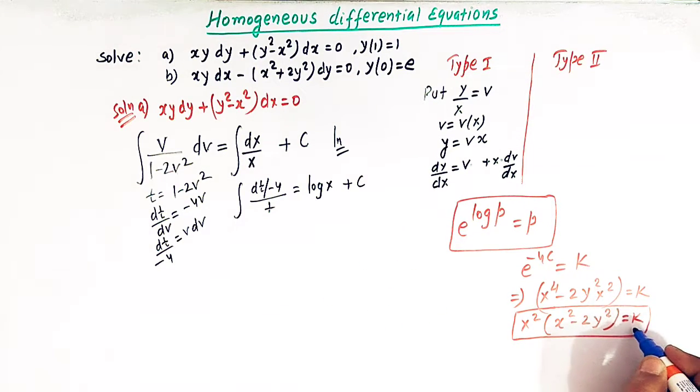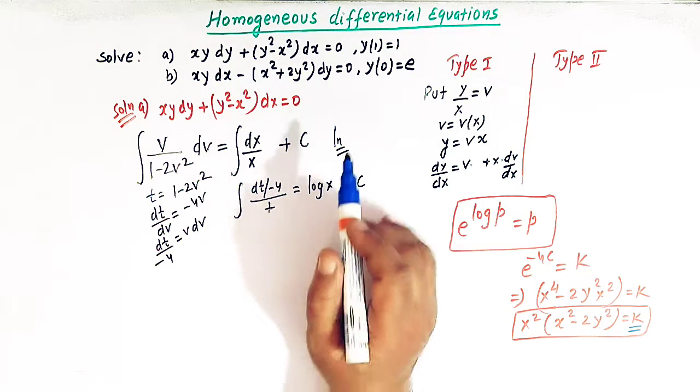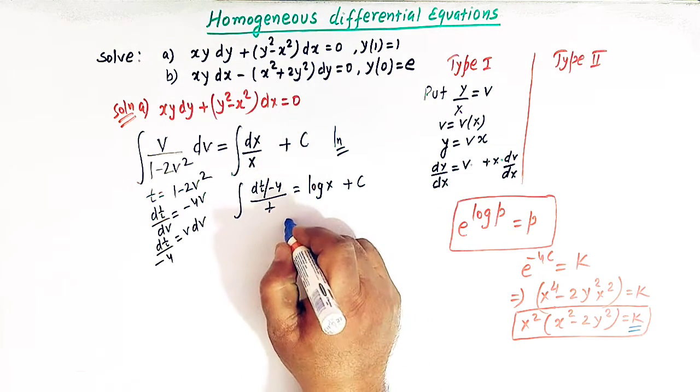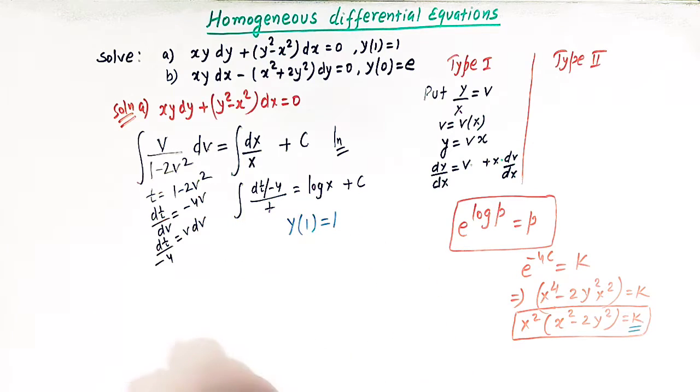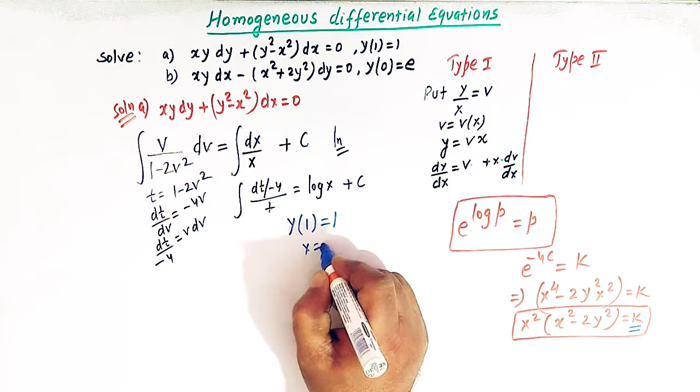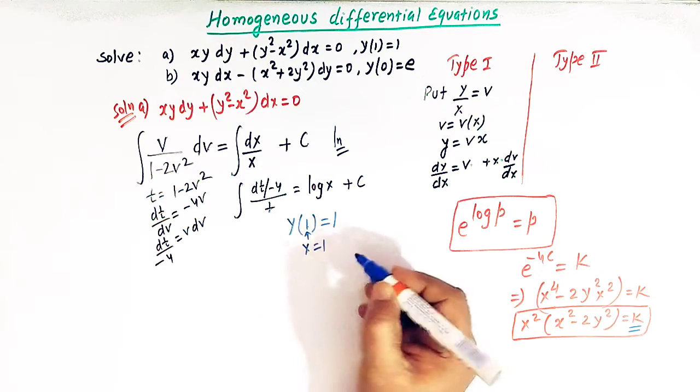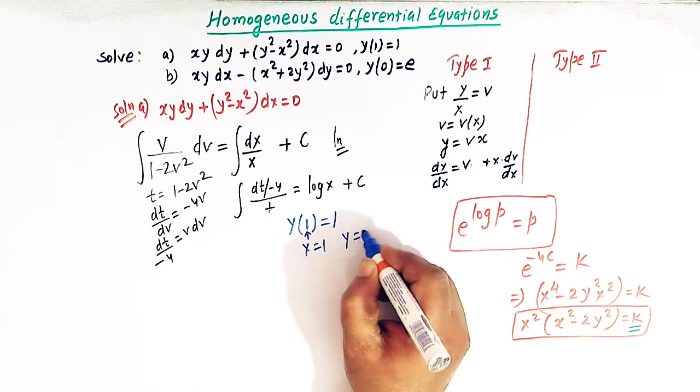So now to get the value of the constant of integration k, we'll make use of the boundary conditions. So the conditions are y of 1 is equal to 1, right? So when x is 1, y is 1.